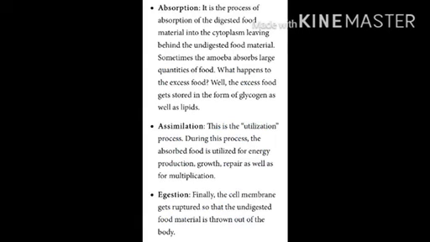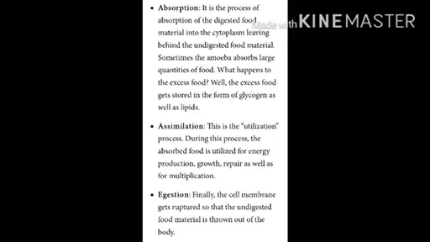Now absorption. It is the process of absorption of the digested food material into the cytoplasm, leaving behind the undigested food material. Sometimes the amoeba absorbs a large quantity of food. What happens to the excess food? Well, the excess food gets stored in the form of glycogen as well as lipids.